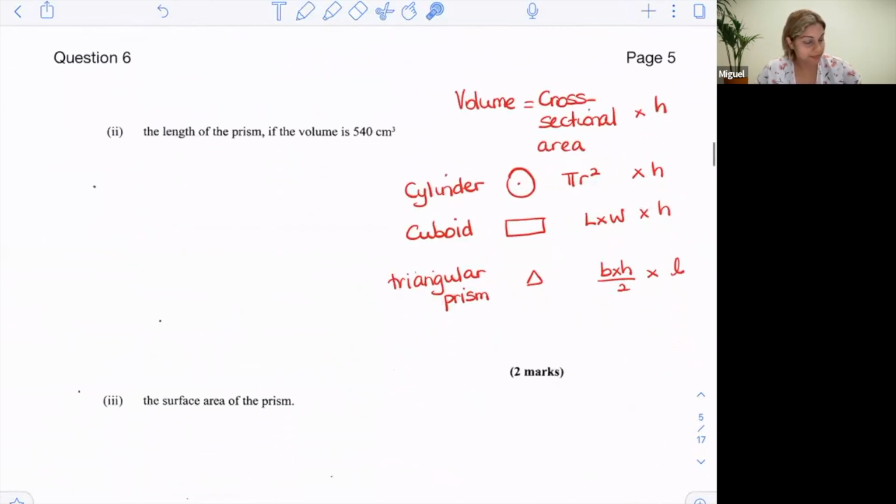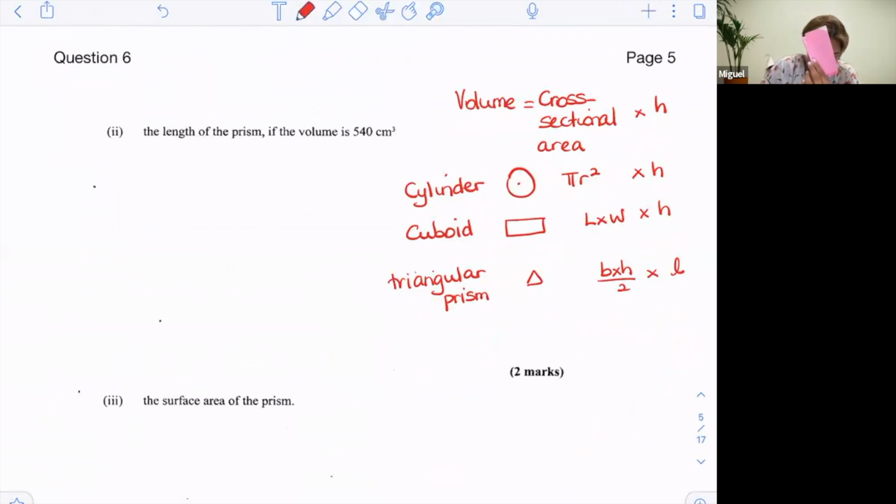Right. So we have the area here to be 24. So this triangle has an area of 24. So if I cut anywhere, the area will always be 24, but I want to find the length. So I have the volume.